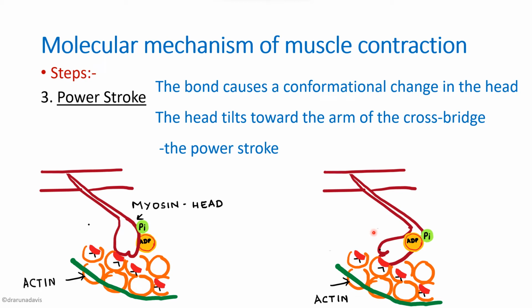During this power stroke, the phosphate will be released, and after this movement, ADP will also be released. So now after the power stroke, the myosin head is free.